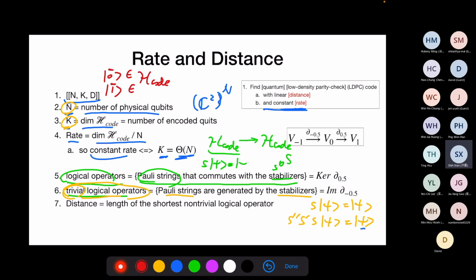Say if k is equal to 3, then it's a combination of physical qubits. Then how do I know it is in the logical 0 state or the logical 1 state?